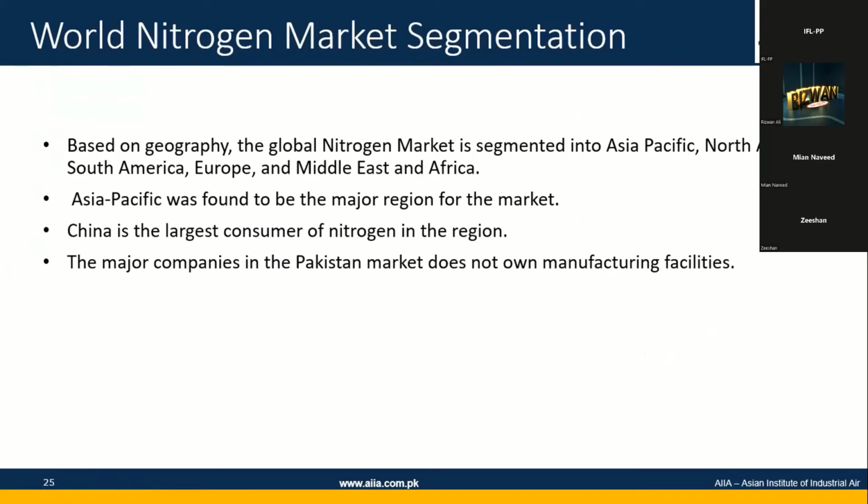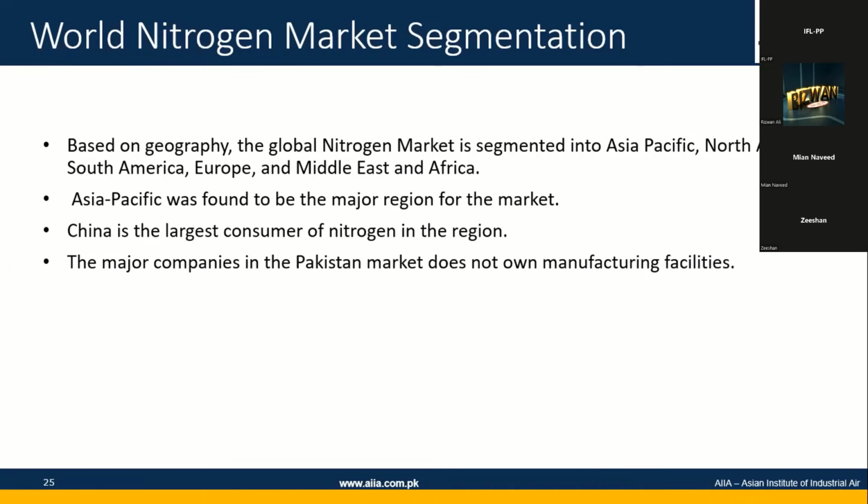This is a huge market of nitrogen, and it has to be segmented in some way. Based on geography, the global nitrogen market is segmented into the Asia Pacific zone, North America zone, South America zone, and Europe, Middle East, and Africa. Asia Pacific, believe me, was found to be the major region of this market.